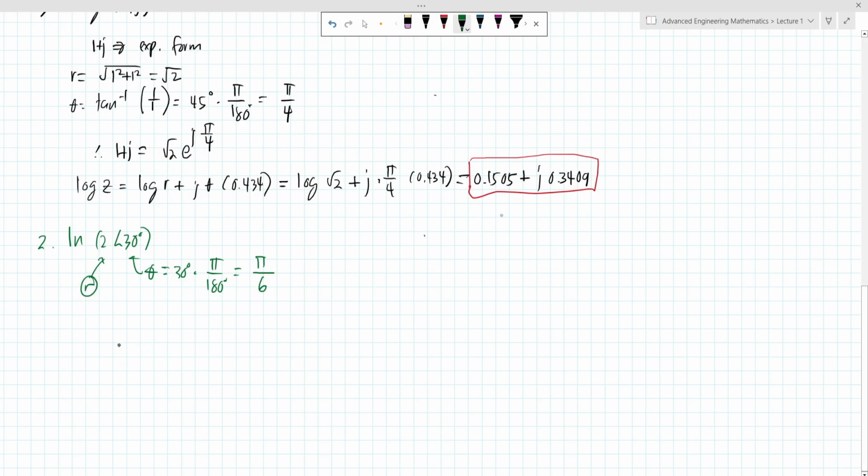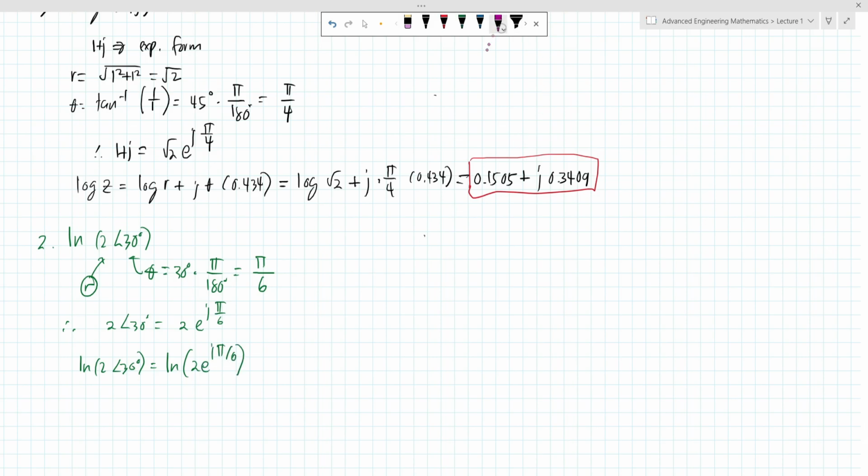Therefore the complex number 2 cis 30 degrees is the same as 2 e raised to j pi over 6. So the natural log of 2 cis 30 degrees is the same as the natural log of 2 e raised to j pi over 6.